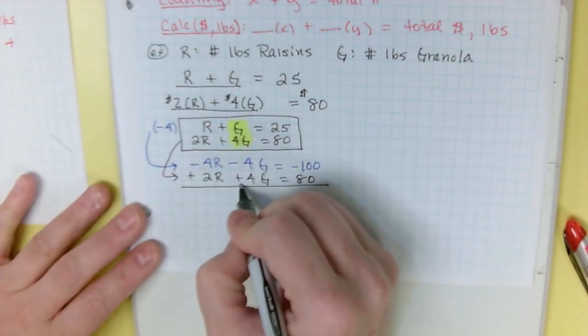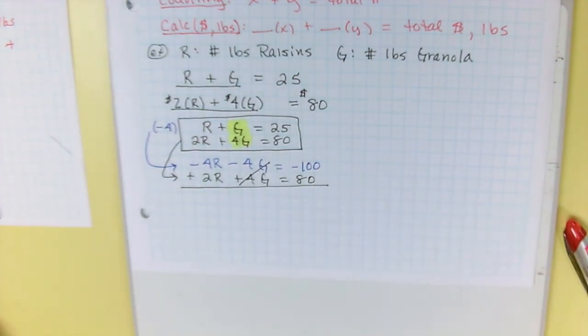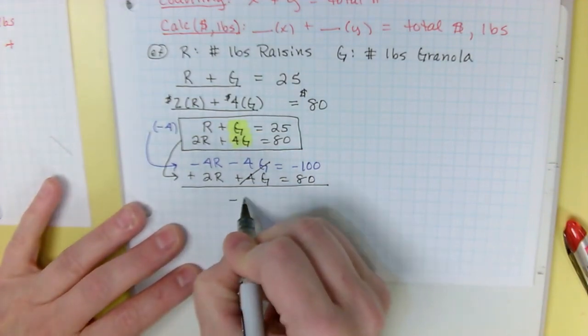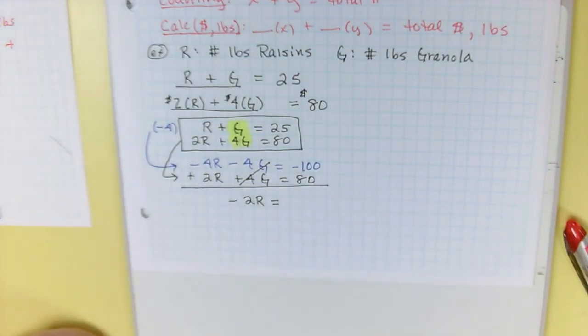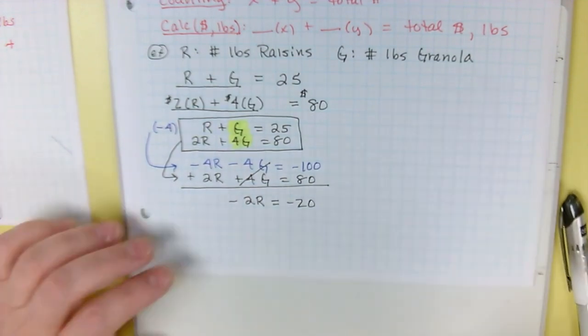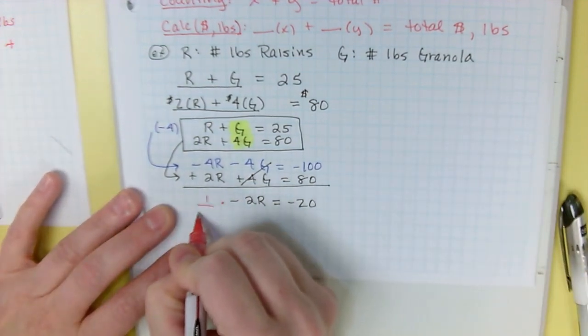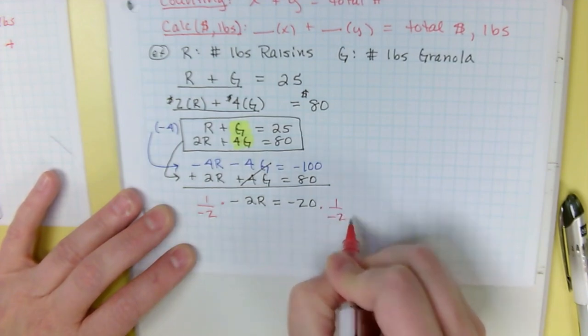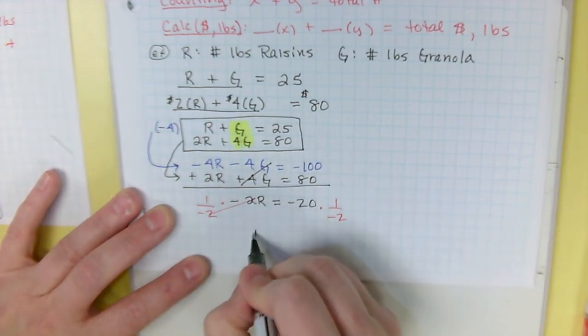4 minus 4 means the G's go away. Negative 4 plus 2 is negative 2R equals negative 100 plus 80, which is negative 20. So then I'm going to multiply by 1 over negative 2 on both sides.